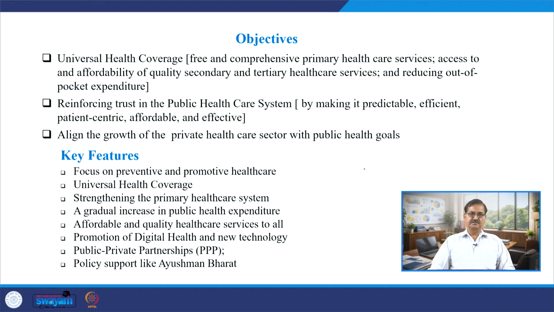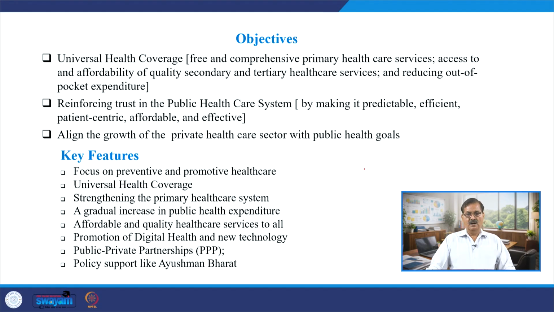The main features of this policy are: first, focus on preventive and promotive healthcare. Second is universal health, strengthening the primary healthcare system, a gradual increase in public health expenditure. In fact, the government is targeting to increase public healthcare expenditure from the current 1.4% of GDP to 2.5% of GDP. Affordable and quality healthcare services to all, promotion of digital health and new technologies.